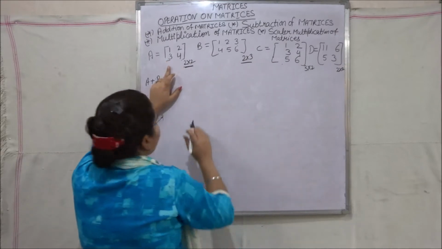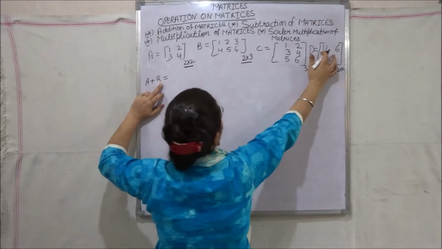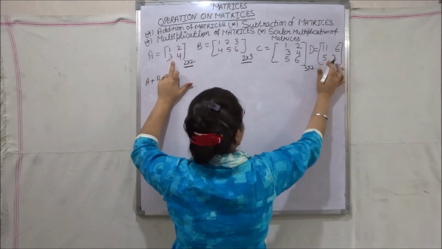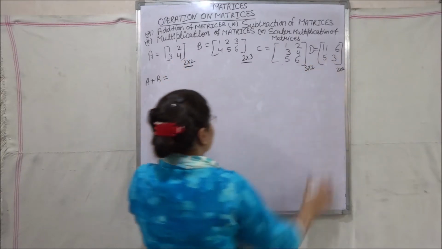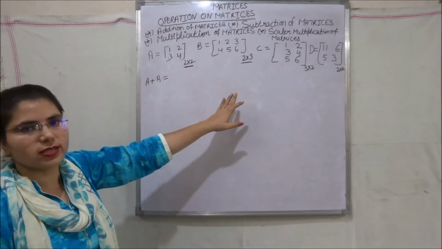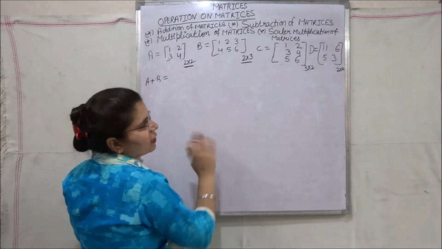But if we add A and D matrices, then 1 plus 11 will be 12, 2 plus 6 will be 8, 3 plus 5 will be 8, 4 plus 3 will be 7. So in this way we can add these two matrices. In a similar way we can subtract them.